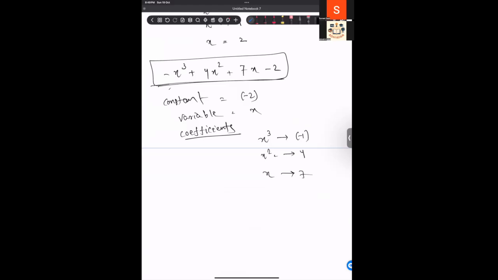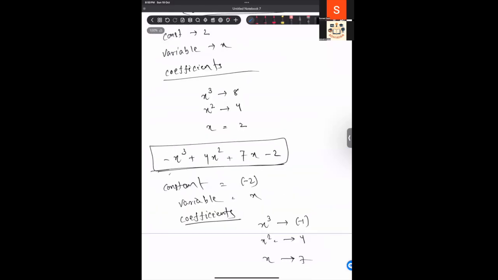That is called the degree of the polynomial, or the degree of the variable. Now, when we say x to the power 3 plus x square plus x plus 1, this polynomial is of degree 3. Degree of a polynomial is the highest power.